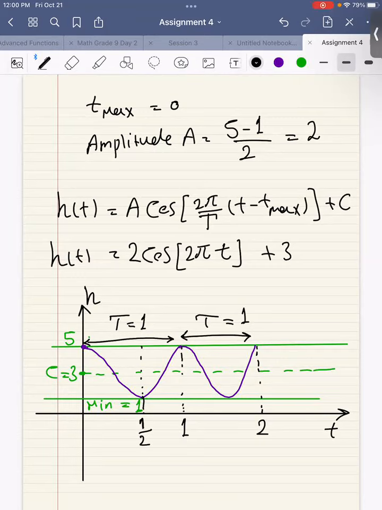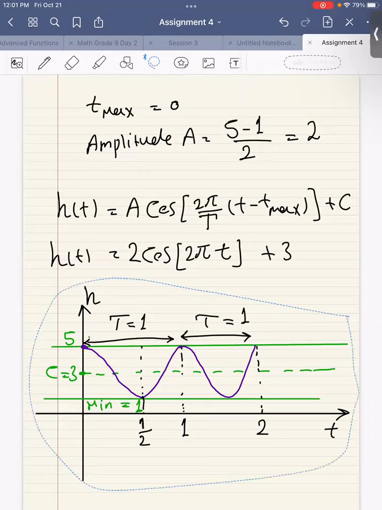Let me also draw the picture of a swing so that I can explain to you what happens in this process to the actual swing.